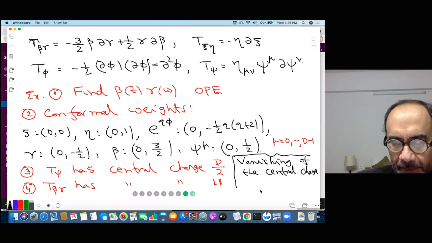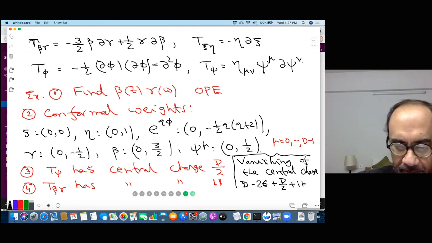First let me get the bosonic ones correct. So d from the x mu's, and then minus 26 from the bc, those are already there, and now you have to add up the extra ones. So plus d by 2 plus 11. So this should be 0, and you can easily check that this implies that d is 10.